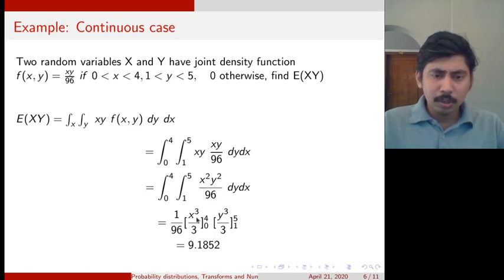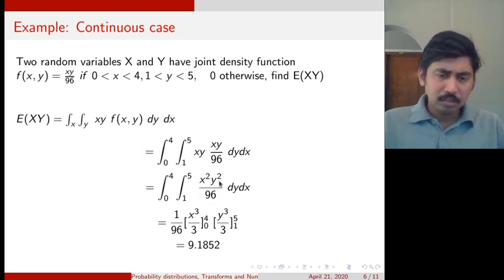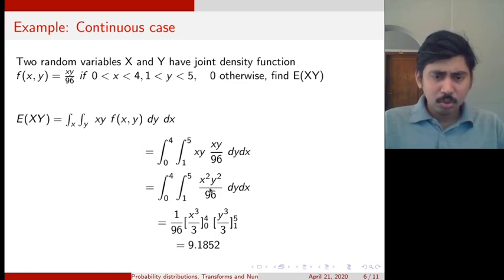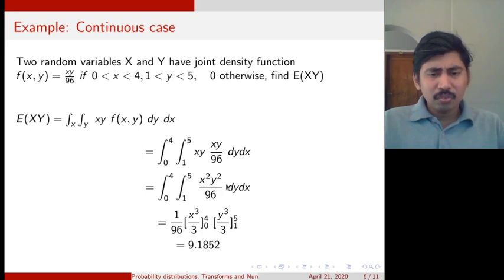When we multiply, you already know what a double integral is. You need to take y constant while integrating over x, and x constant while integrating over y. Likewise, you need to do that. This can be integrated in a straightforward way, as these limits are constant and this function is separable, so it can be integrated either way.